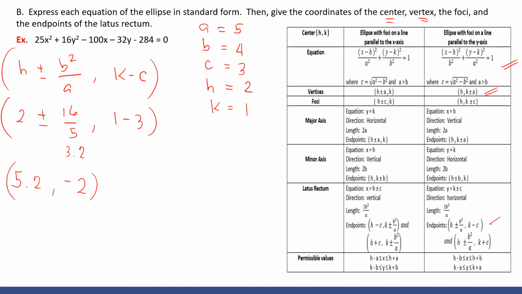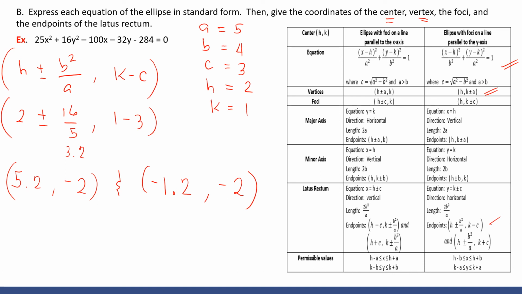So that is one of the coordinates. And then the other is 2 minus 3.2. So what is 2 minus 3.2? That is negative 1.2. Then comma, 1 minus 3 again is negative 2. Okay? Next, we have, instead of 1 minus 3, it is 1 plus 3.